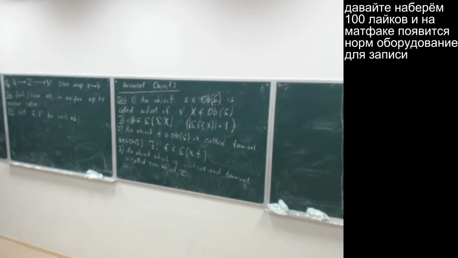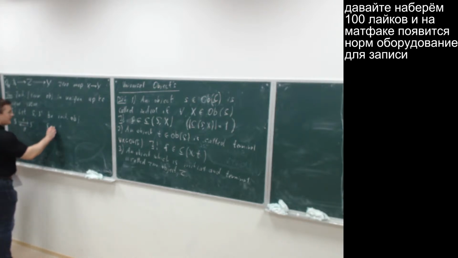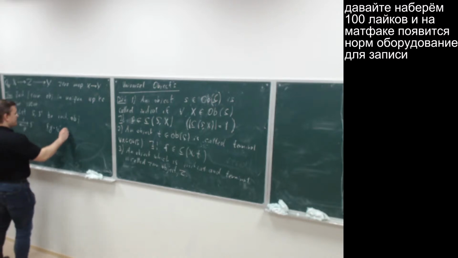Yeah, but let's finish with a simple observation. Suppose I have two initial objects. Since S is initial, and I can take the target to be S prime, there is a map like this, let's call it F. And of course, since S prime is initial, there is a map in the other direction, G. Now, let's take the composition of F and G. It will be a map from S to S. But there's only one such map, the identity of S. And of course, the other composition, by the same argument, is the identity of S prime.